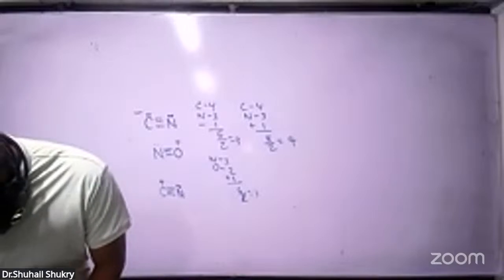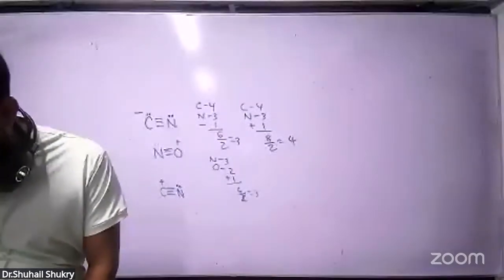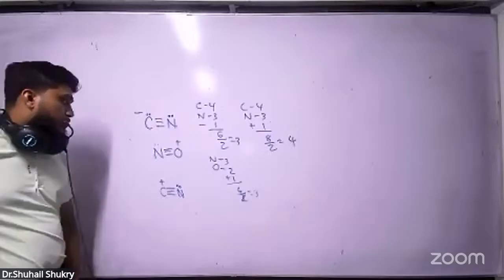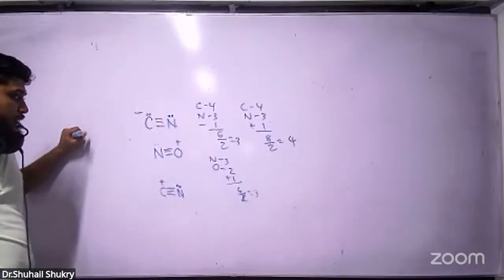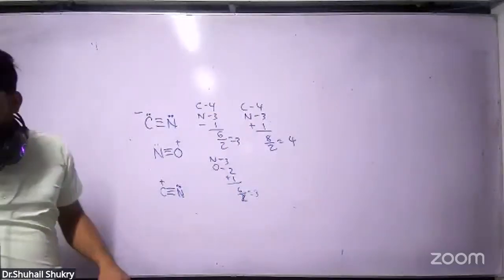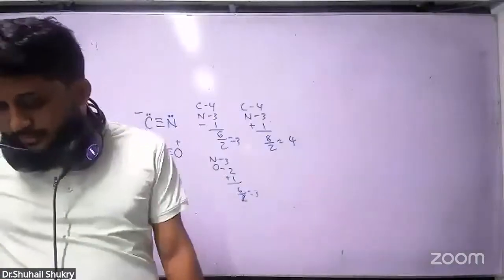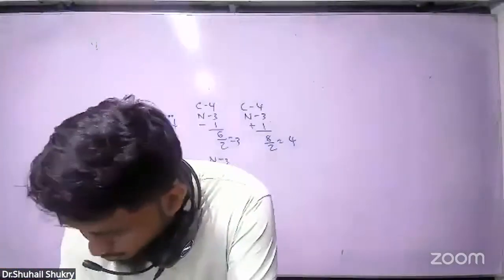So from these things, then other one is NO plus, CN minus. Now from this, you see which one you can go for as the bond order, right? The best bond order you can go for this, for the CN minus and NO plus.